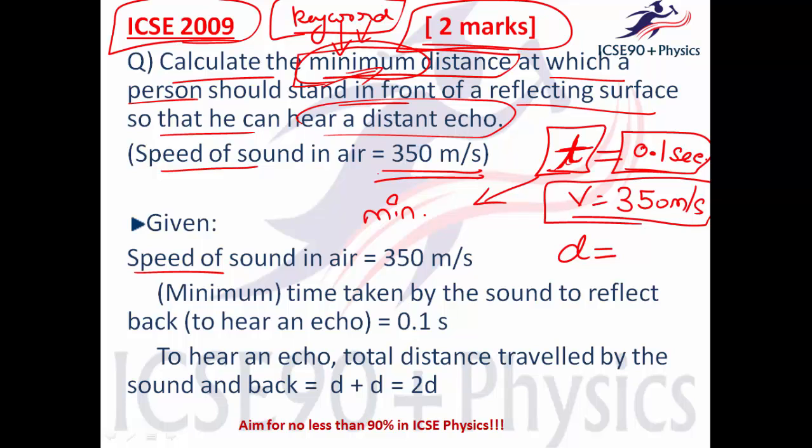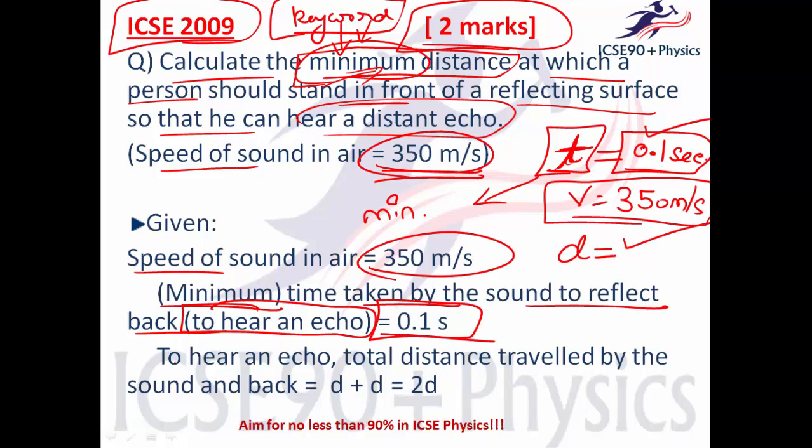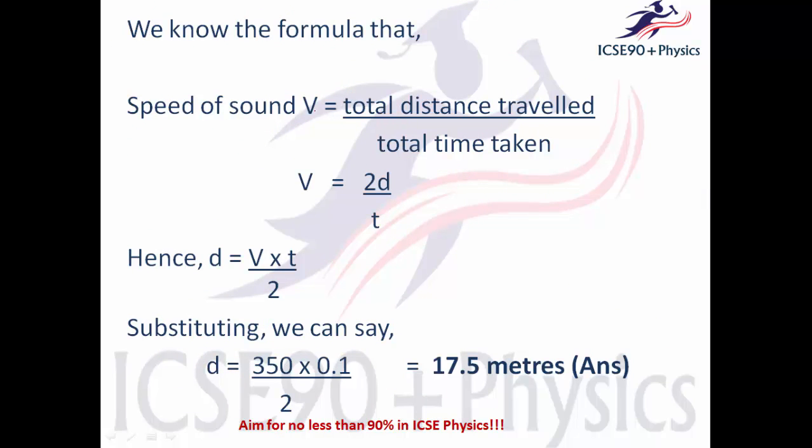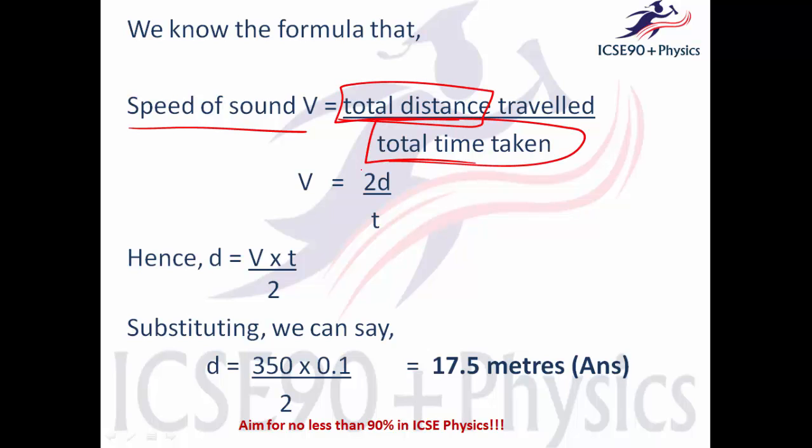We are given the speed of sound in air is 350 meters per second, and to hear an echo, the total distance traveled by the sound and on reflecting back would be d plus d, which is nothing but 2d. Substituting in the formula, speed of sound is equal to total distance traveled upon total time taken, which is nothing but 2d upon t. Substitute the value of time t is equal to 0.1 second.